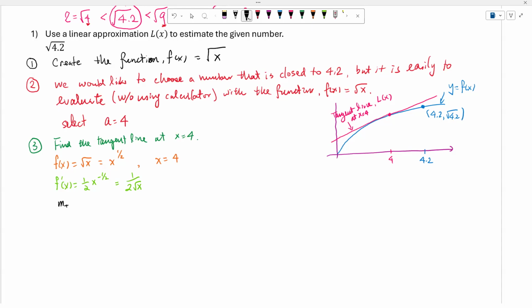The slope of the tangent is equal to f prime of 4, which is 1 over 2 times the square root of 4. And then we have the point 4, f of 4. f of 4 is the square root of 4, which is 2. So the point that we have will be (4, 2).